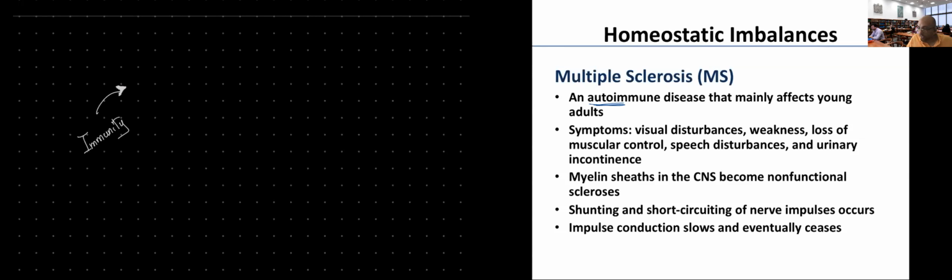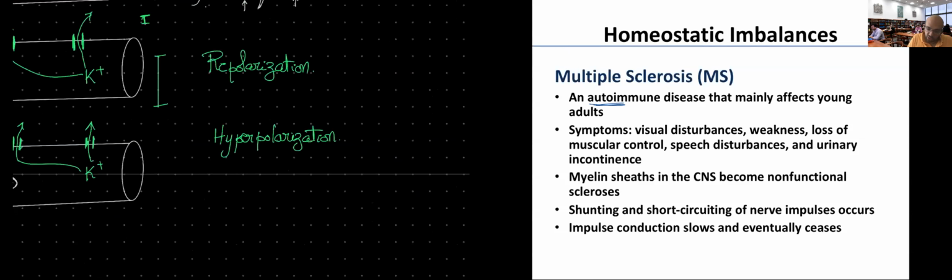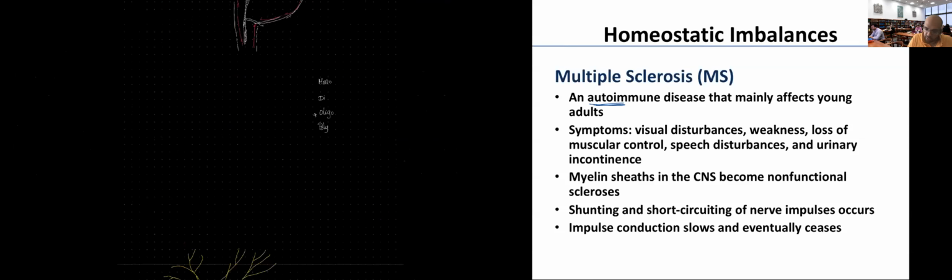So what actually is targeted by the immune system? It's the Schwann cells and the myelin sheath. And if I'm attacking the myelin sheath, what do you think is going to happen?